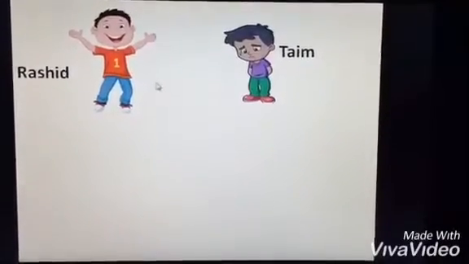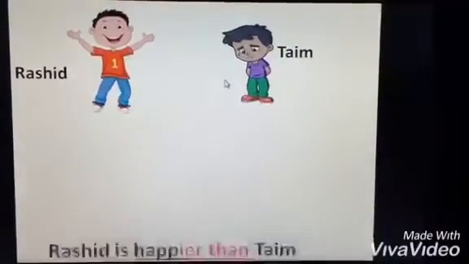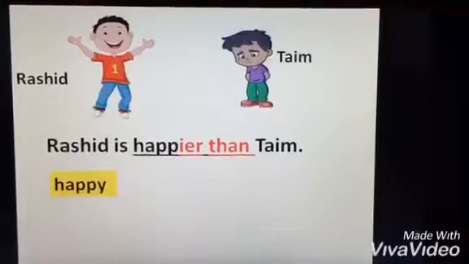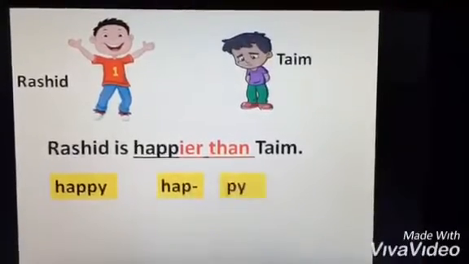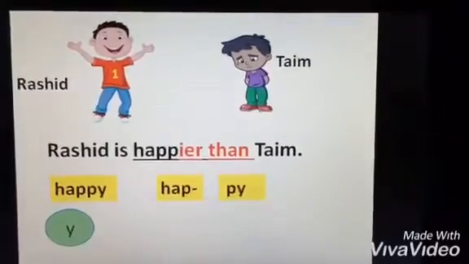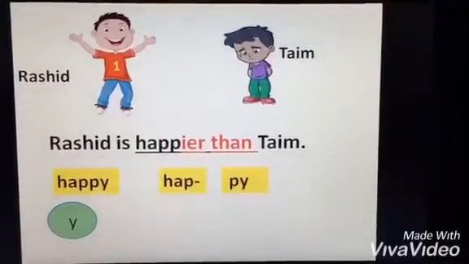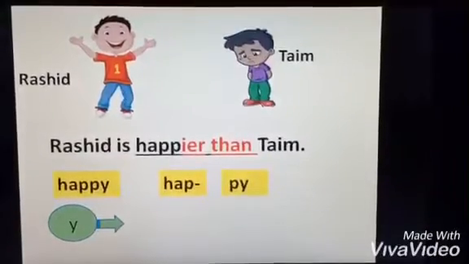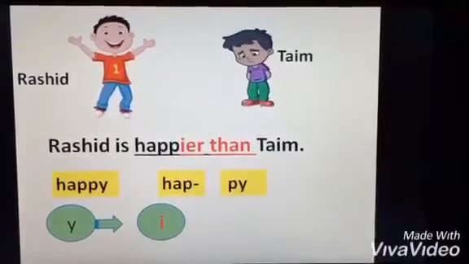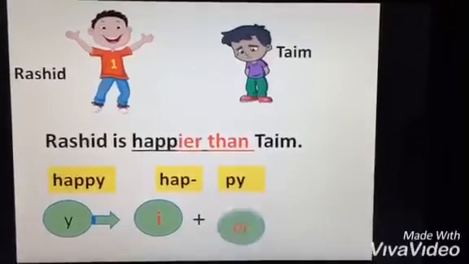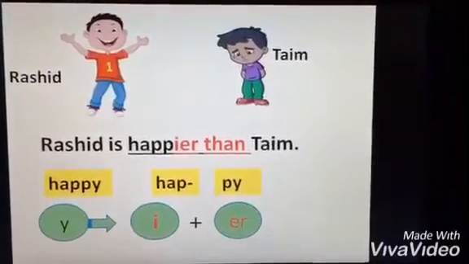Rashid here is happy. Tim is sad. Happy is an adjective with two syllables, 1, 2, and it ends with letter Y. So here you have to remove letter Y and write I instead of it and add er in the end to make it comparative.